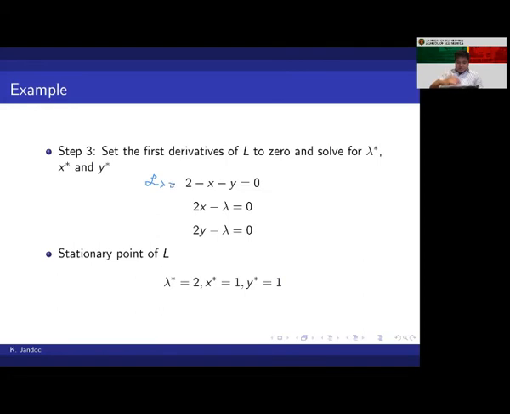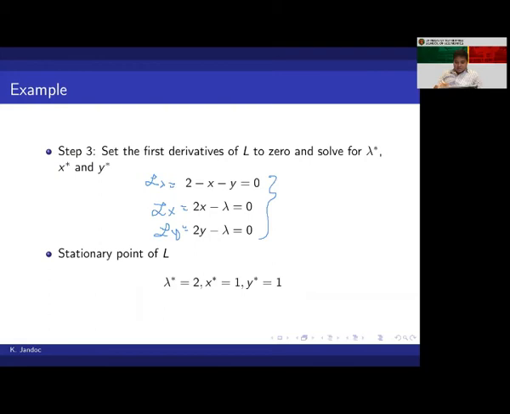You equate that to 0. Here it's the first order partial derivative of the Lagrangian with respect to x. You equate that to 0, and this is the first order partial derivative of the Lagrangian with respect to y. We derived that in the previous slide. So when you set that equal to 0 and you solve for lambda star, x star, and y star to satisfy these three equations, then you find the stationary points of the Lagrangian.